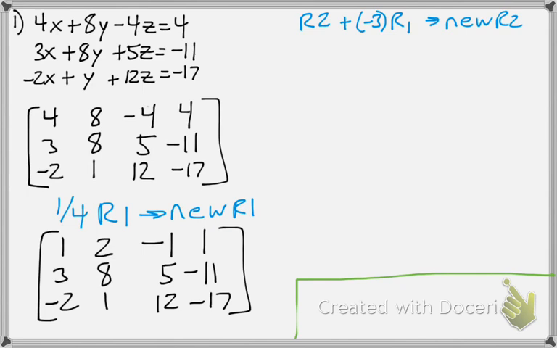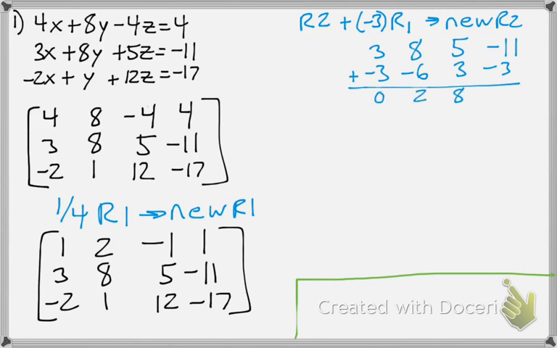So I have 3, 8, 5, negative 11, and then negative 3, negative 6, 3, negative 3. I add these up, and I get 0, 2, 8, negative 14. So that'll be my new row 2.